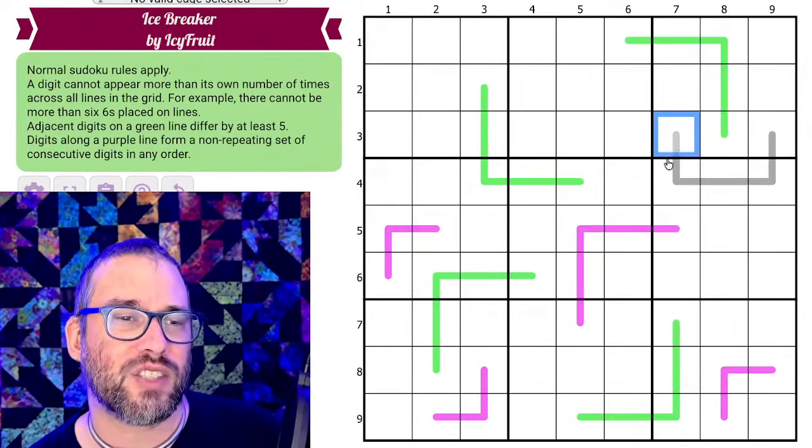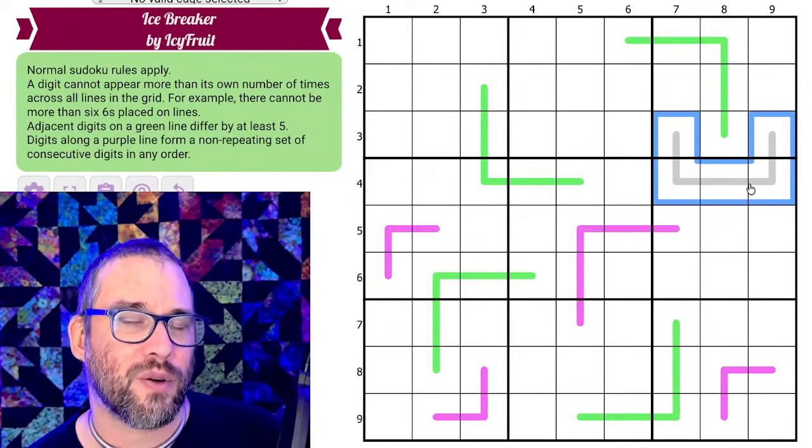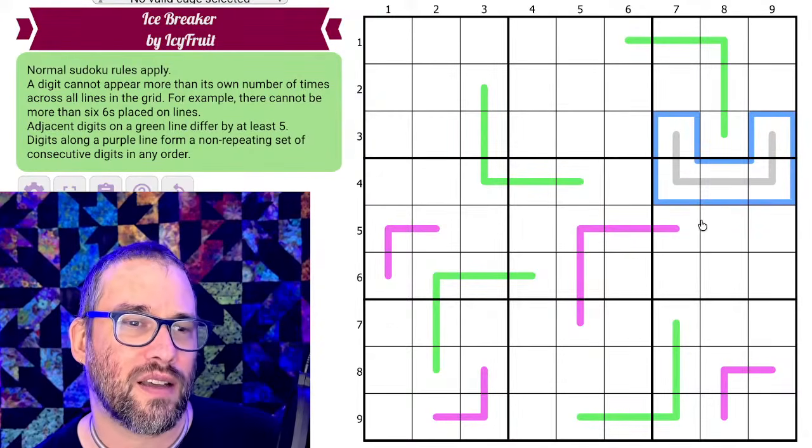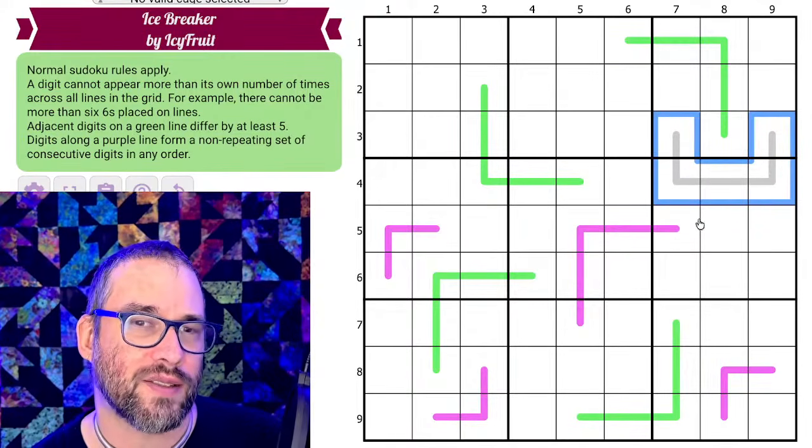The gray line is just a line that is going to contribute to our totals for digits on lines. It has no other rules.